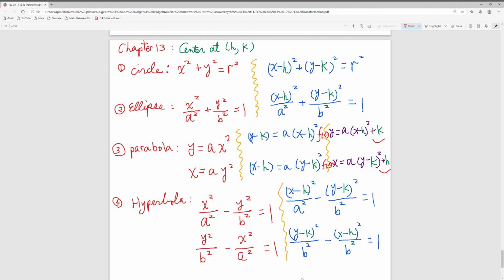So x and y are all in the formula. The left-hand side is the parent function. On the right-hand side, you shift. So when you have x minus h, you shift left, right. And when you have y minus k, you push up, down.